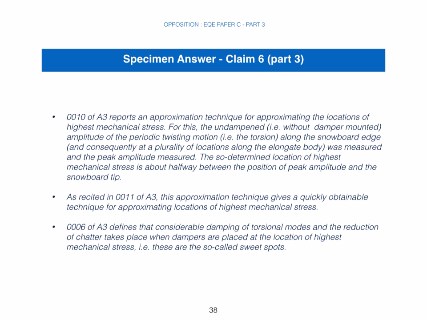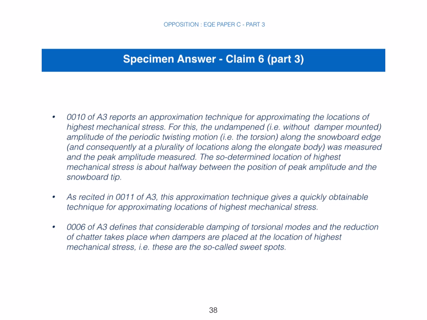The so determined location of highest mechanical stress is about halfway between the position of peak amplitude and the snowboard tip. As recited in paragraph 11 of A3, this approximation technique gives a quickly obtainable technique for approximating locations of highest mechanical stress.